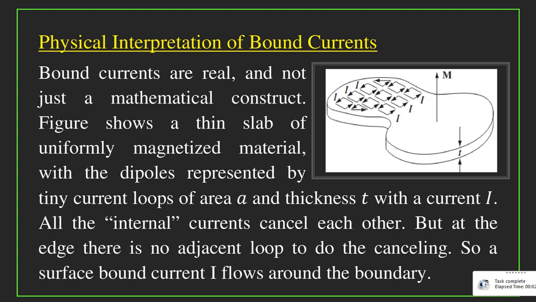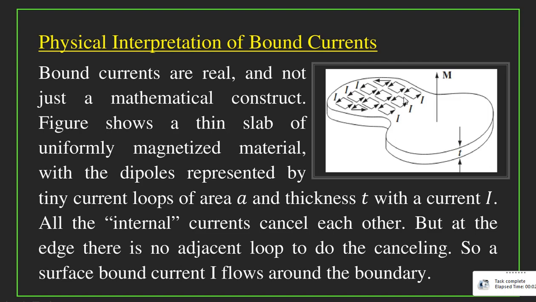Here in this figure is a thin slab of uniformly magnetized material with the dipoles represented by tiny current loops of area small a. Each dipole is represented here in a rectangular fashion.